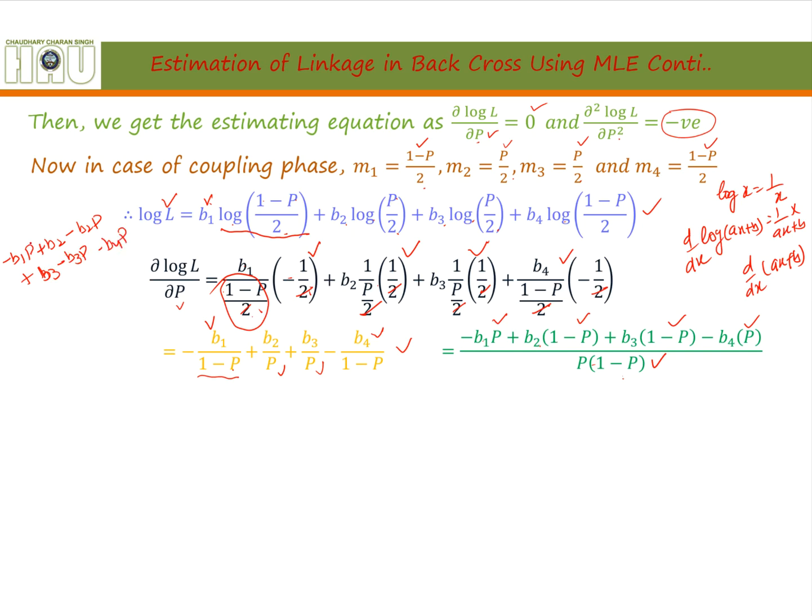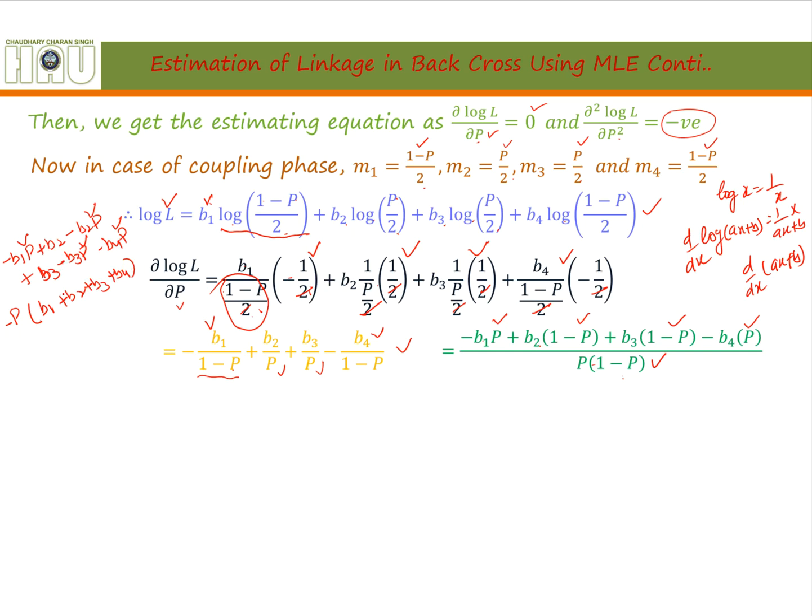Now from this, we have P here, P here, P here, P here. So if I take P common, or rather minus P common, from here I will get B1, from here B2, from here B3, from here B4. What am I left with?